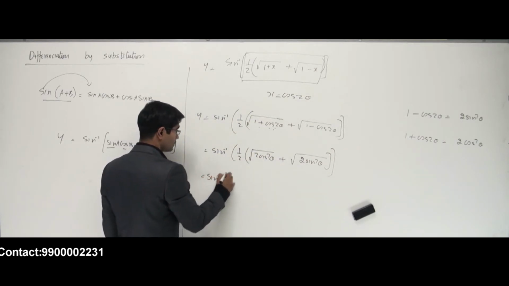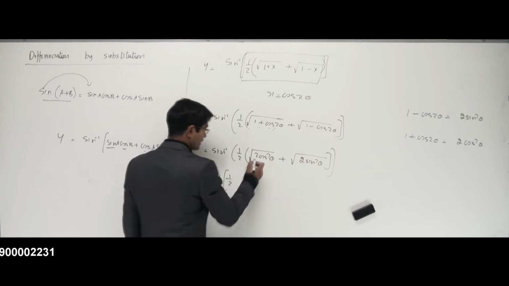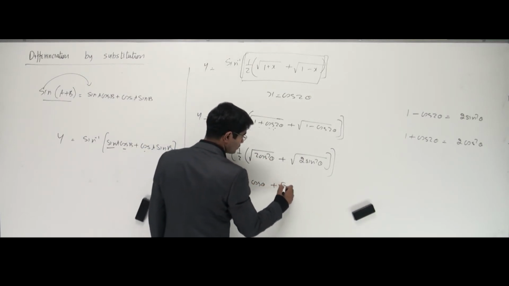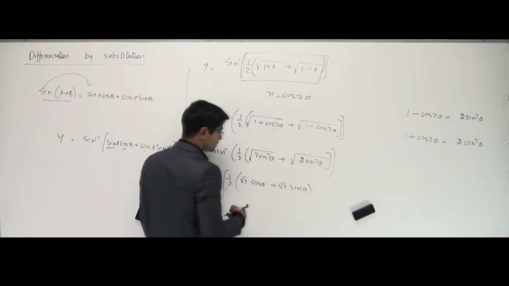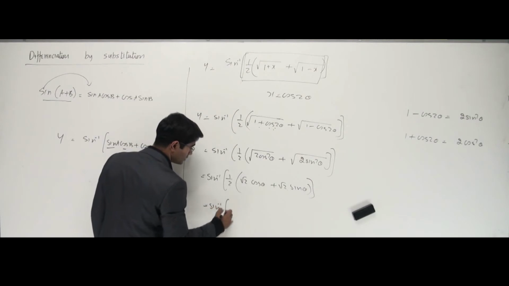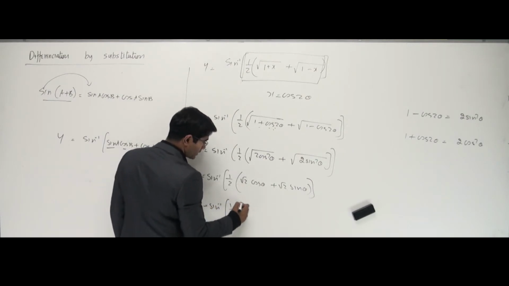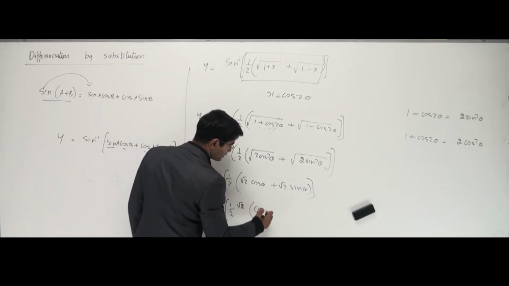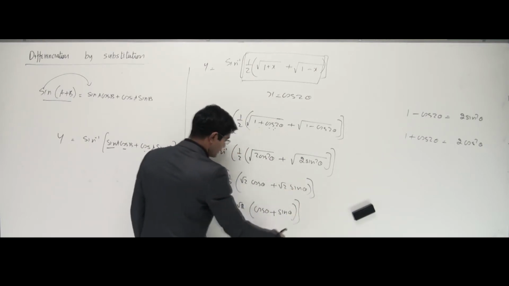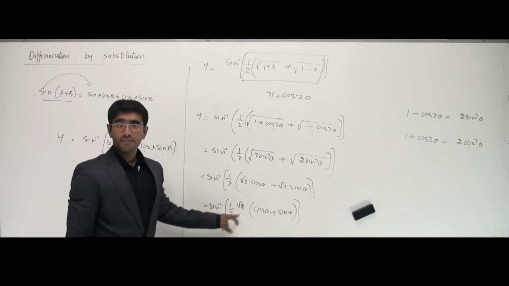So sine inverse of half, and I can write this as root 2 cos theta plus root 2 sine theta. See what's happening now. I can see that sine inverse is still here, and a half, and root 2 I can take common out. I have cos theta plus sine theta. Very nice. Now can I do something with these two? Let's check.